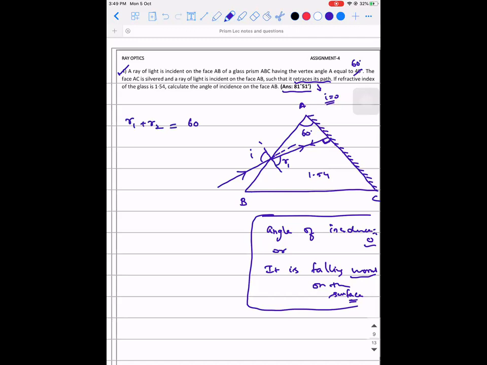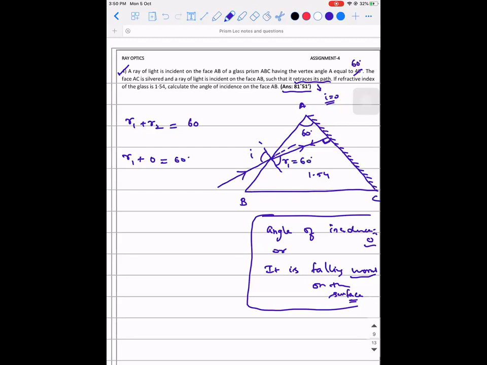Accepted? What is the value of R2? Is it 0 degrees or 90 degrees? It is 0, because I told you, angle of incidence is 0. It is falling normal to the surface. So R1 is also 60 degrees.